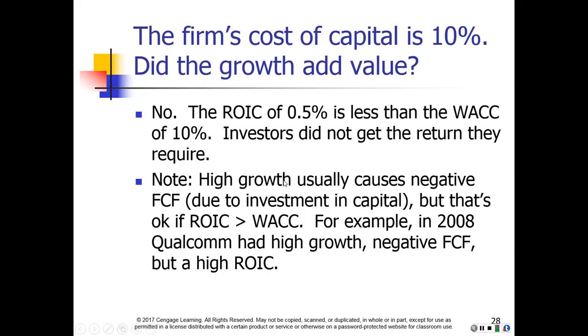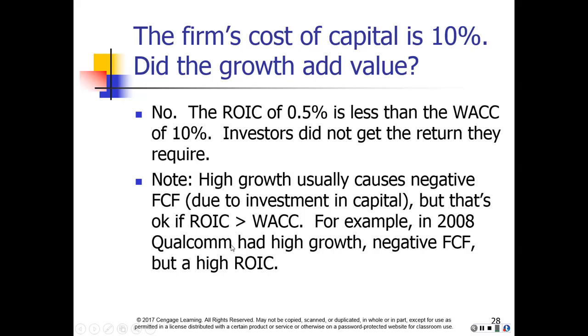But here's something to note. High rates of growth usually cause negative free cash flows, right? But that's okay only if ROIC is greater than the weighted average cost of capital. But that's not the case over here. Here they give you an example.